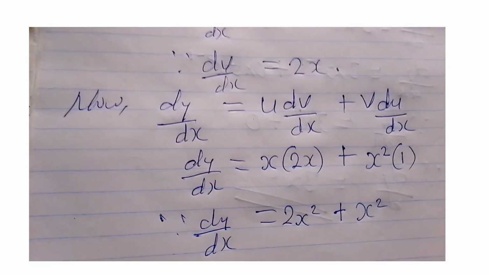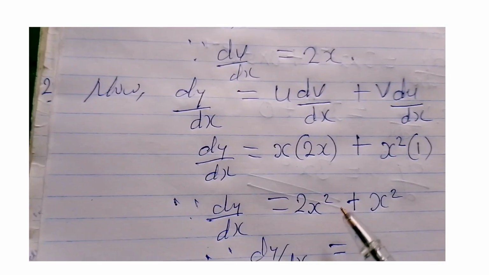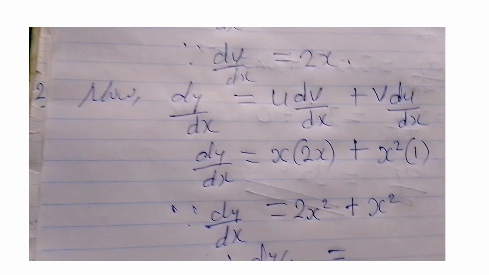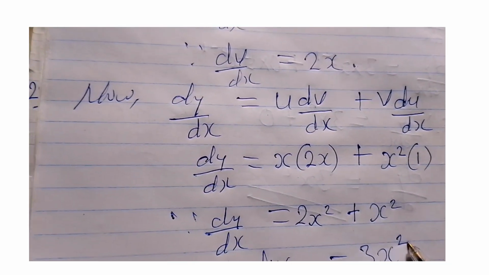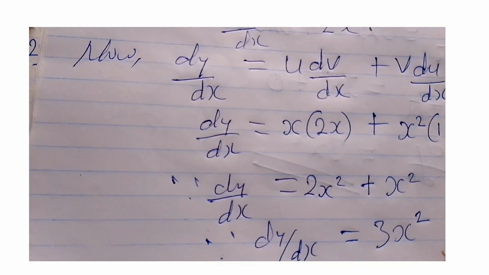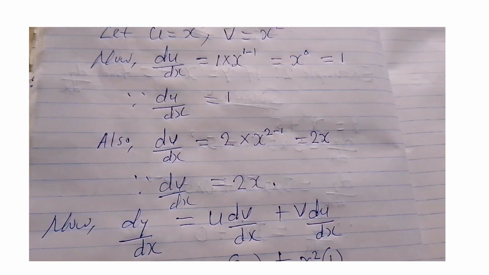Therefore, our dy over dx is equal to 2x squared plus x squared, which gives us 3x squared, the same as the power shortcut method I taught recently. This is the final answer using the product rule. I hope you understand.